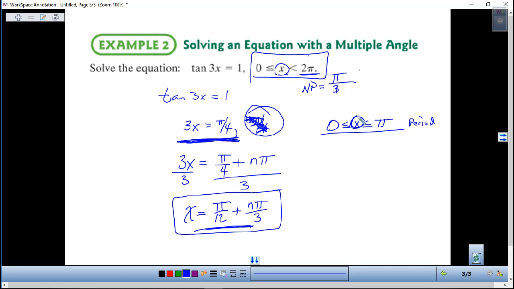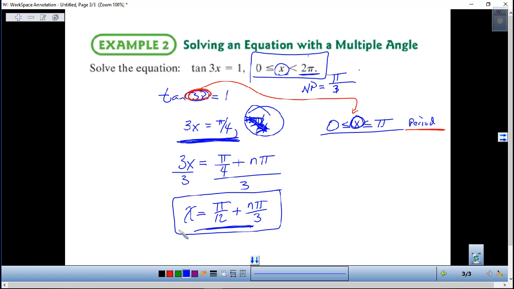The x right here is this thing. So all I'm looking at here is I'm saying this thing right here is going to be between 0 and pi because that is a single period of tangent. That's all I'm doing. So that's why I only found the pi over 4 that made this true from 0 to pi. I threw out the 5 pi over 4 because it was outside of this.